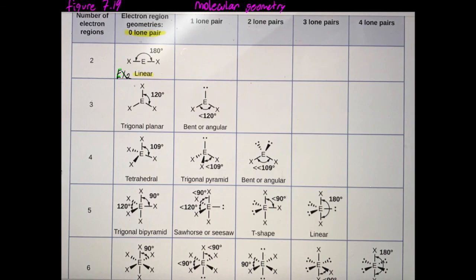We talked about trigonal planar, and that's going to be EX3. And we talked about tetrahedral. That's going to be EX4. We talked about trigonal bipyramid. That's EX5. And this one here with 6 groups is, of course, EX6. But it's called octahedral. I know 8 means oct, but it's because of the faces, and that's off the screen.